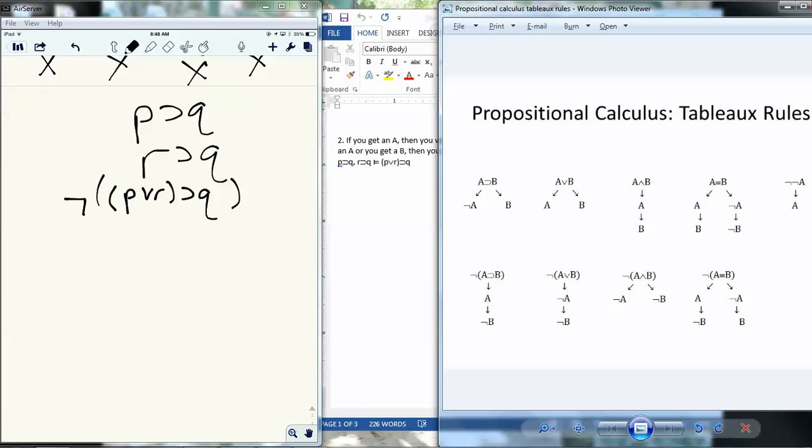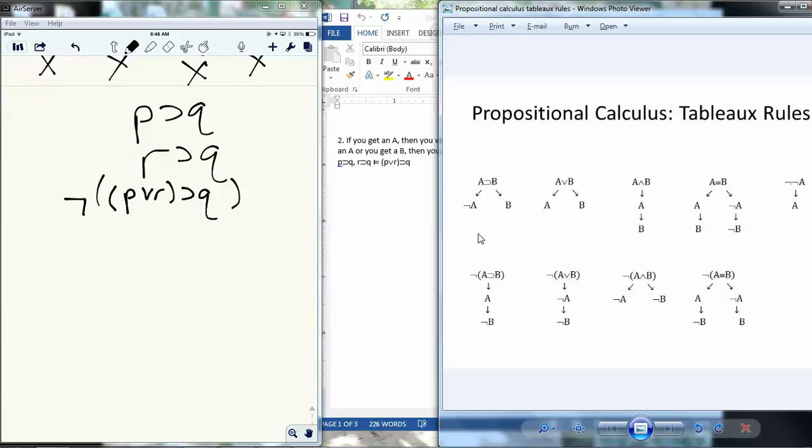And the reason is because we're going to have to treat this whole thing right here as if it was an A. So you have the if A then B, then the not if A then B. Well, A stands for either just a P or a Q or something like that, or it can stand for a whole thing. So in this case, A stands for P or R. B stands for Q. All right.